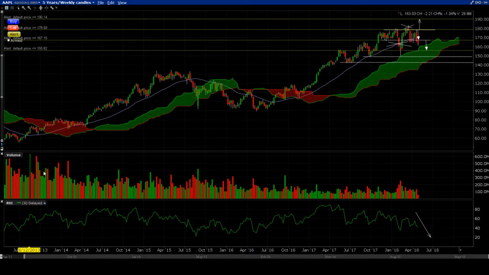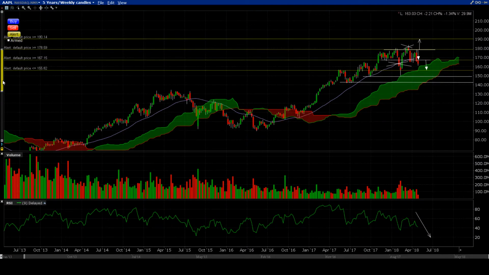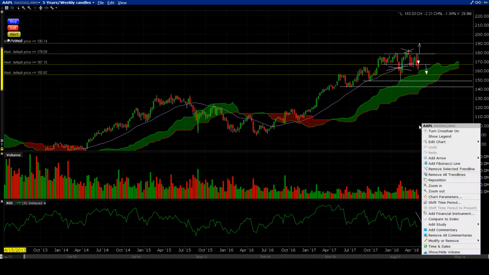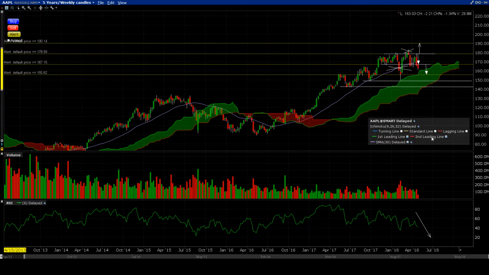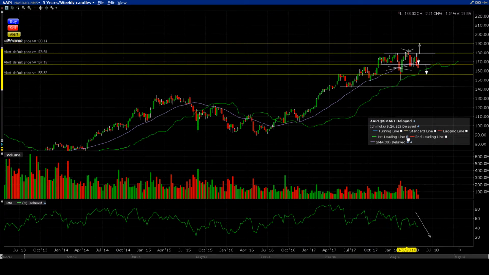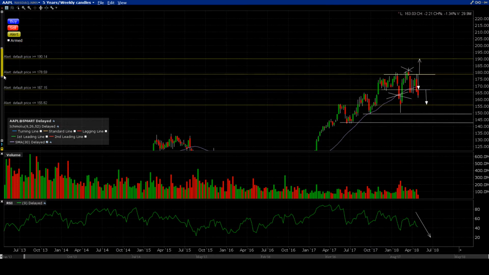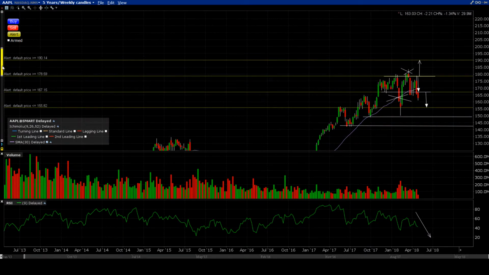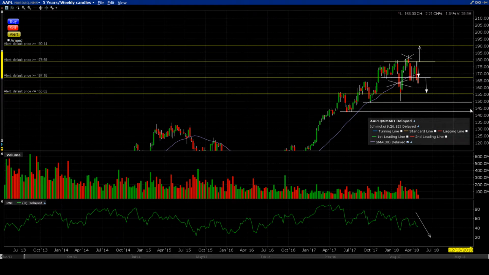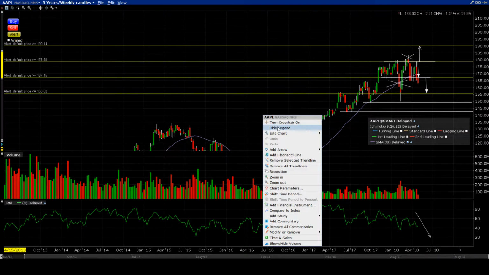And let's go back on a 5-year weekly candle chart as Stan does it. And bear with me, I'm going to remove the Ichimoku cloud. Let's explode that. Okay. So now I have a bunch of lines. Let's remove the legend.